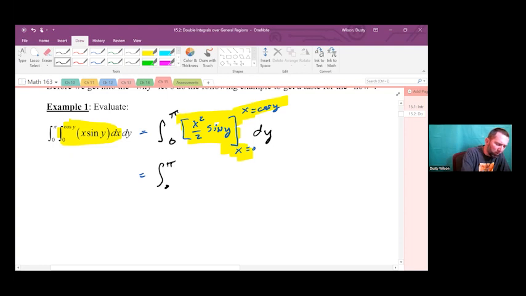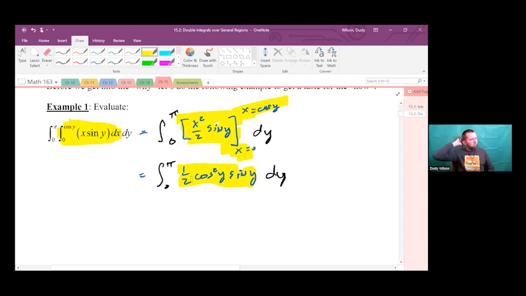And so we're just going to have 1/2 cosine squared y sine y dy. Here, I think we can see that you could do a substitution. We might have to mess around with our signs a little bit, but it should be pretty straightforward.